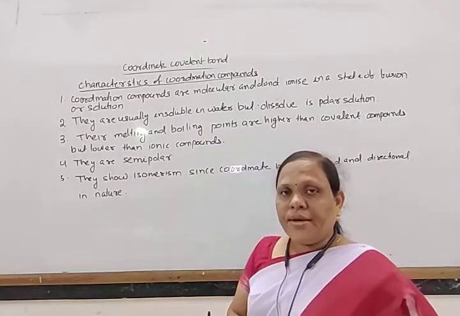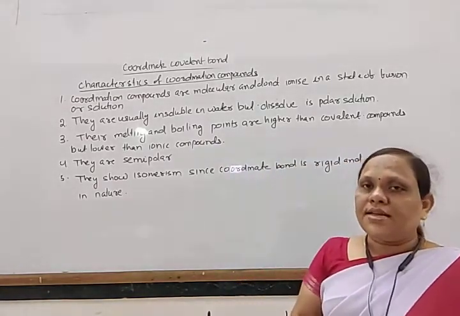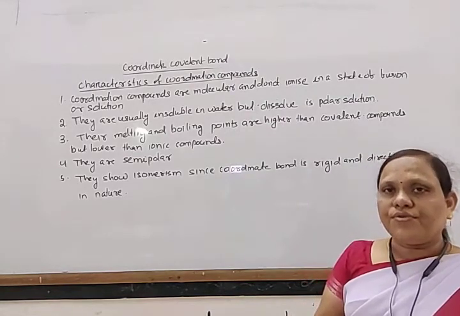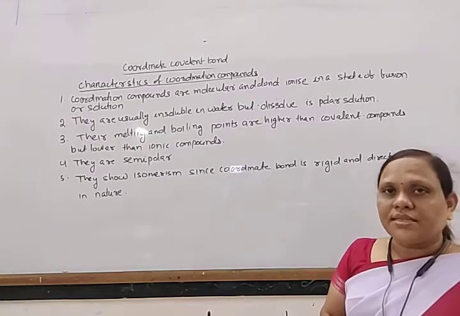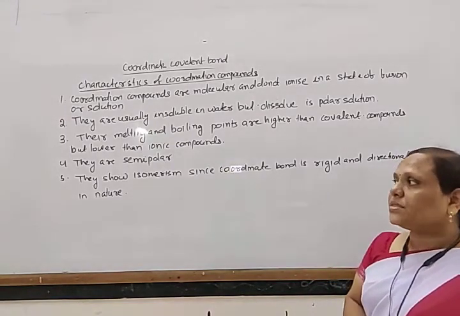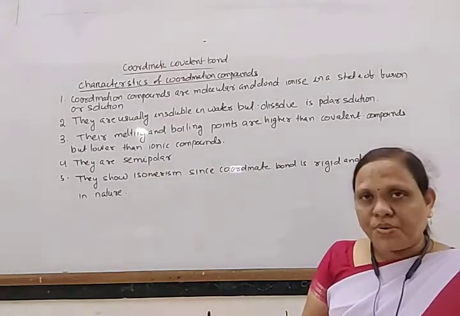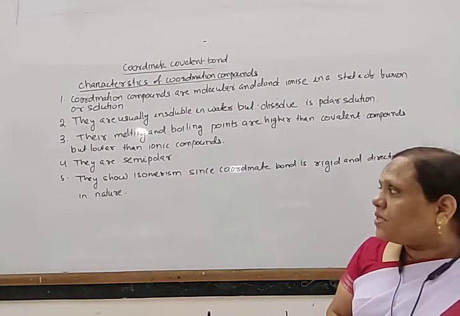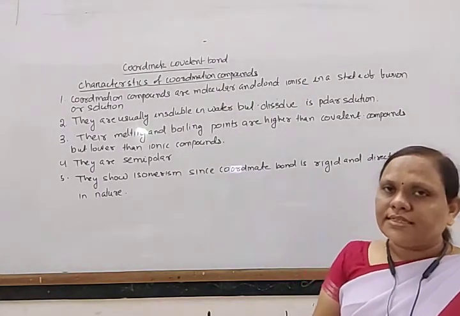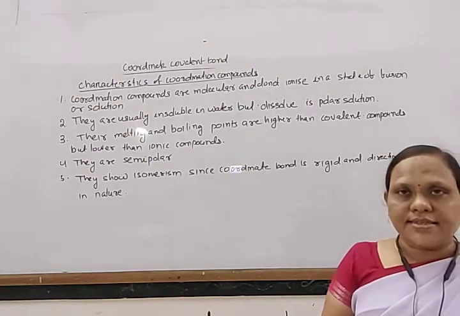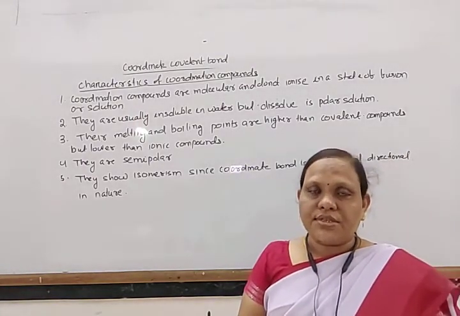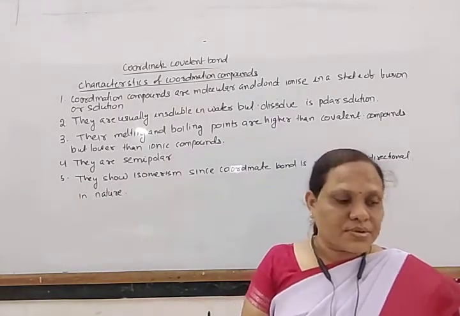Their melting and boiling points are generally higher than those of covalent compounds but lower than those of ionic compounds. They are semipolar and they show isomerism since the coordinate bond is rigid and directional. So these are the characteristics of coordinate compounds.